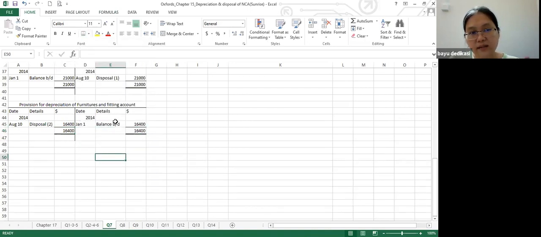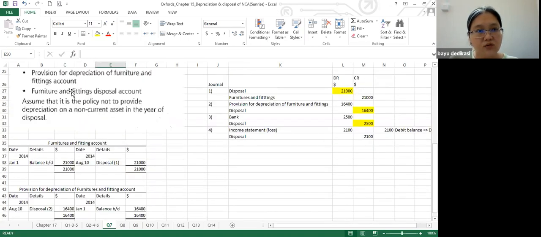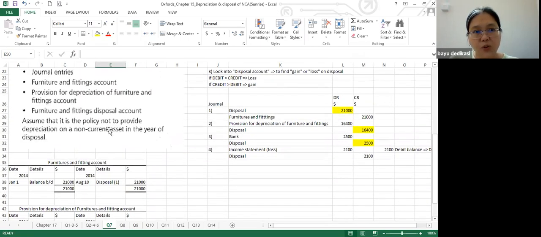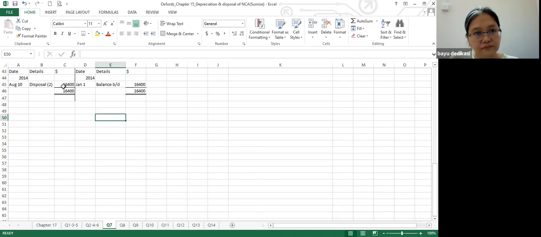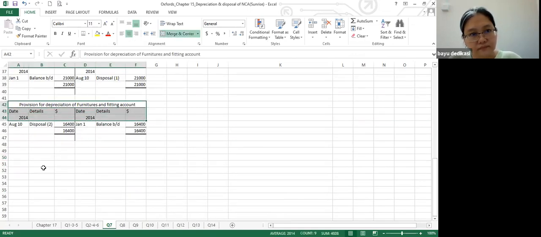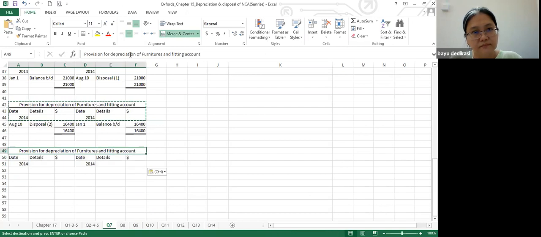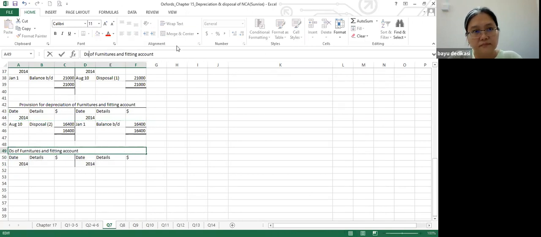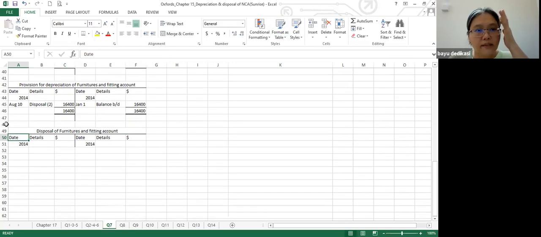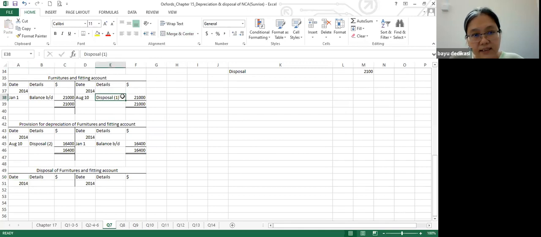The last, they asked to prepare the disposal account. Here is a credit, so automatically here becomes debit.